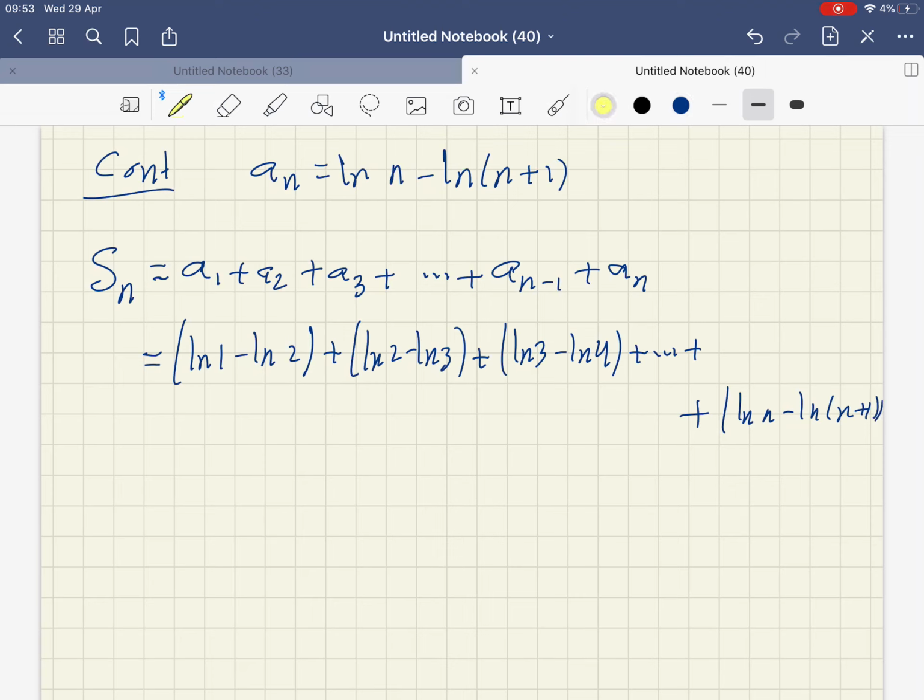Now, what is A(n minus 1)? It will be ln of n minus 1 minus ln n. And now we start to do the cancellation.